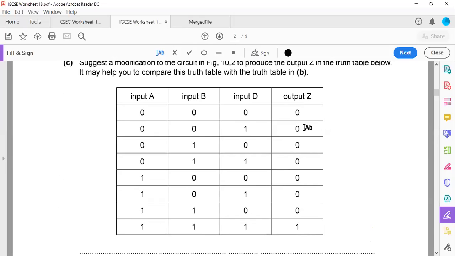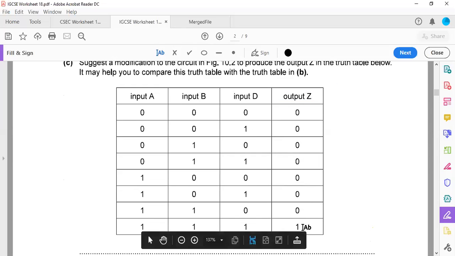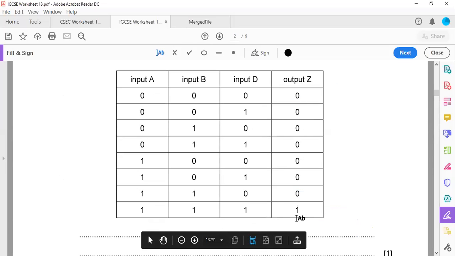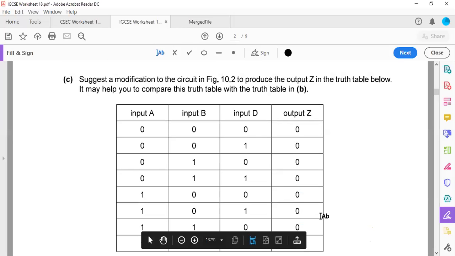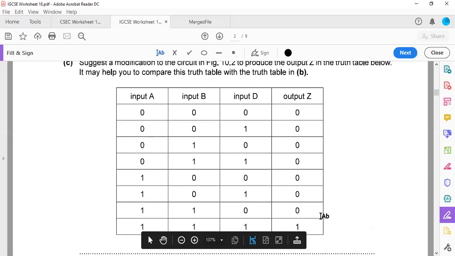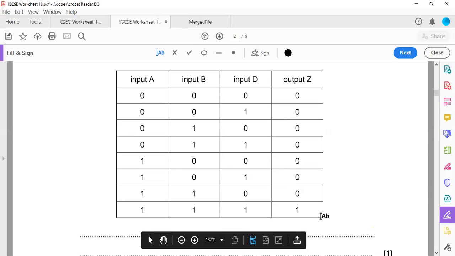Still have a 0. So if you watch here, output Z is this here, which means which gate are we going to include to give our output in which all are ones? Which gate are we going to use to get 1, 1, 1 here? Which gate do you think we're going to use to get this output? Hmm? For here.